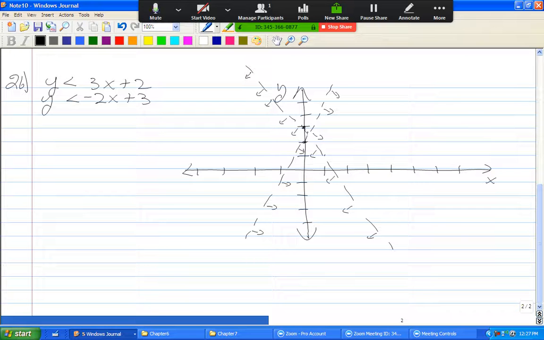And if I look at where the overlap is, where all the arrows point, it's going to be true in this region here. And this is my solution.